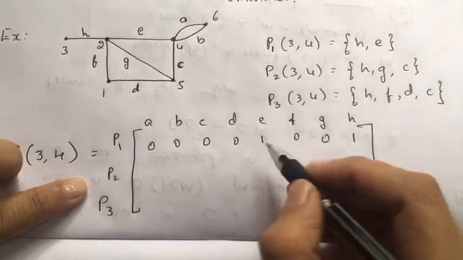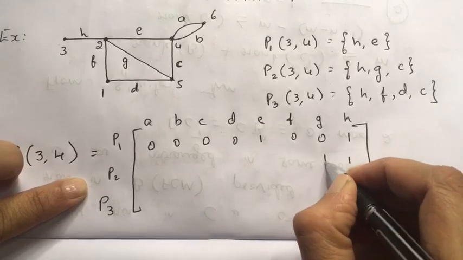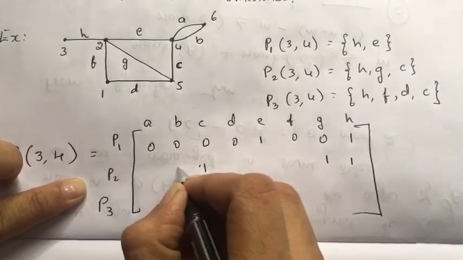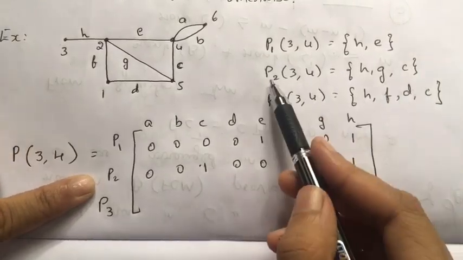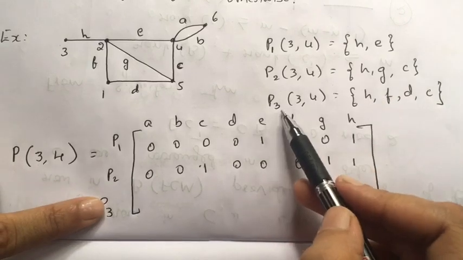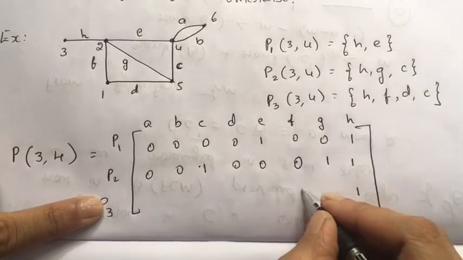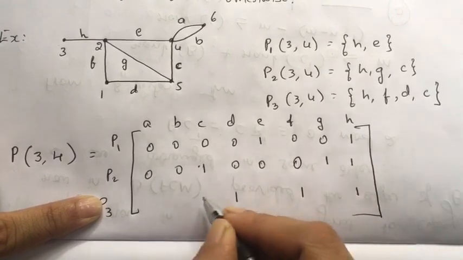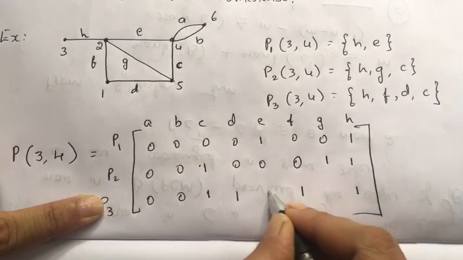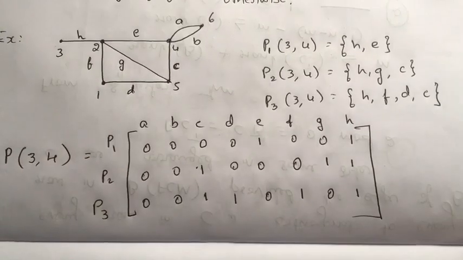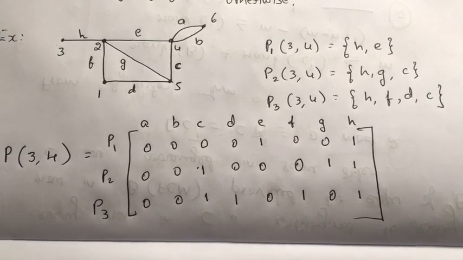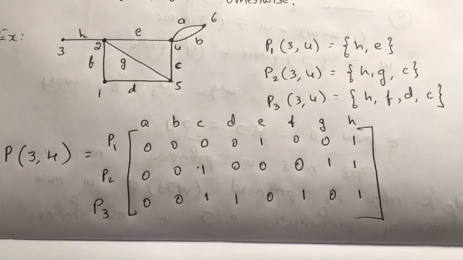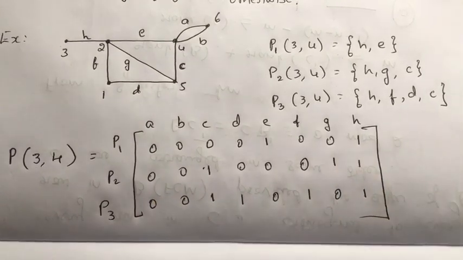Then P2 includes H, G and C, with no other edges. In path P3, H, F, D and C, and the rest are zeros. This gives you the path matrix between the vertices 3 and 4. We can make a few observations from this path matrix.